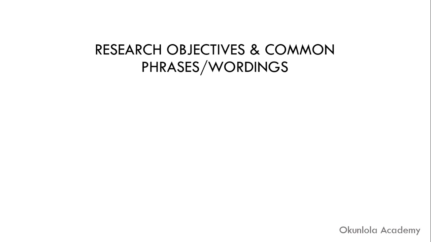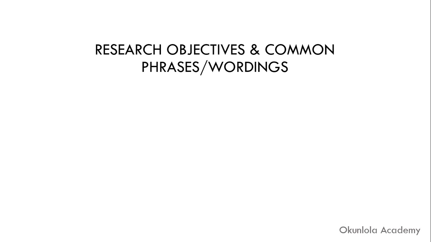This is a continuation of that video. As you're aware, under the introduction, under chapter 1 of every research and study, we have a series of sub-headings. The one we treated last was statement of problem, and today we are looking at objectives.